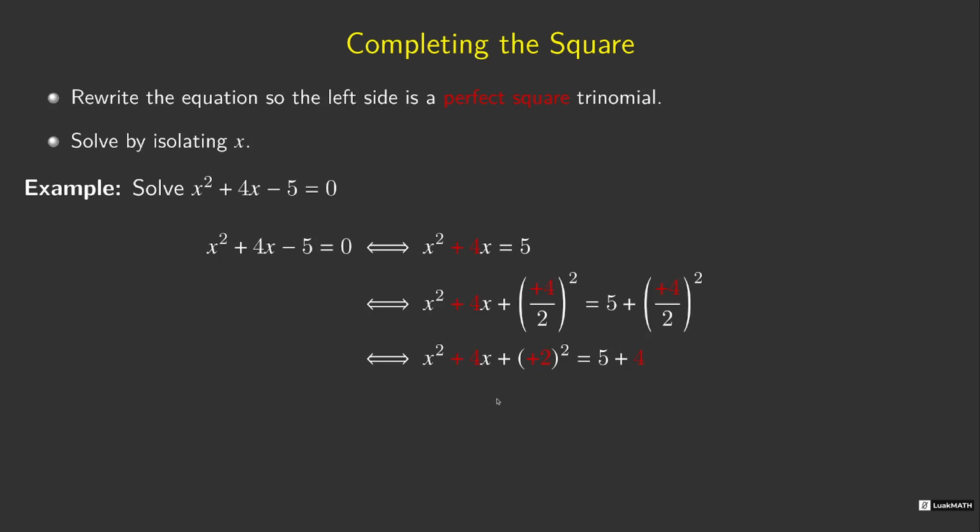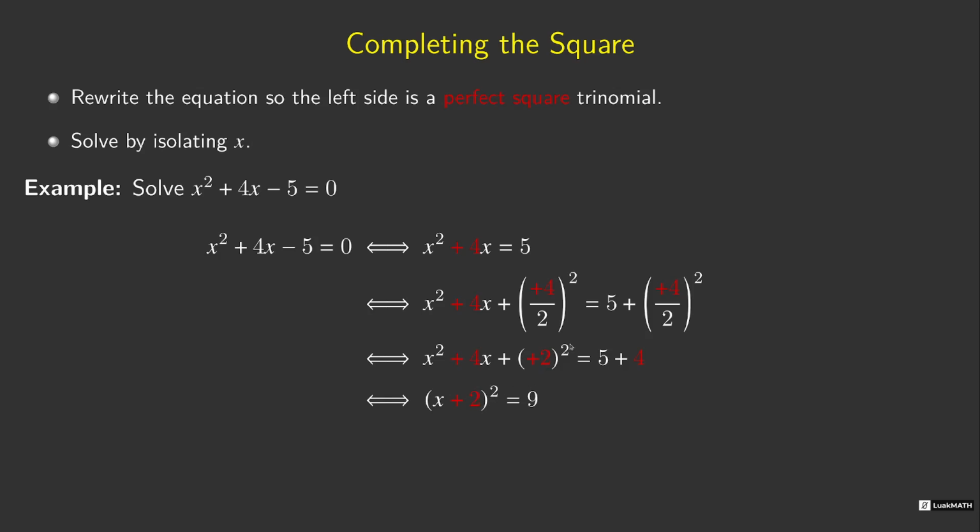Now the trick that I use when I get here is I take this x here and I take the plus 2 and put them into a factor like this. You see this x right here goes straight down. This plus 2 goes straight down. So that's gonna give you x plus 2, and then you square the entire thing.